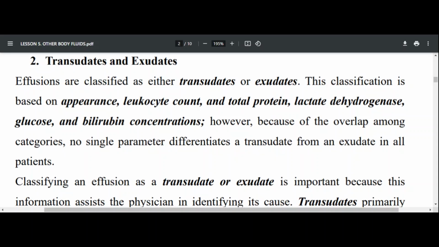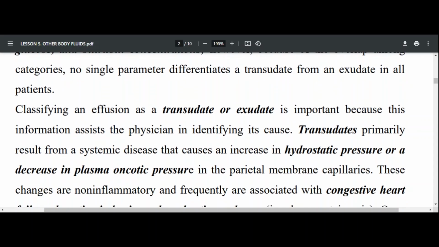Classifying an effusion as a transudate or exudate is important because this information will assist in establishing treatment and the cause of that effusion. Transudate is normally a result of systemic disease, but without any inflammatory process. For example, increased hydrostatic pressure or decreased plasma oncotic pressure can lead to the accumulation of fluids which are transudate.